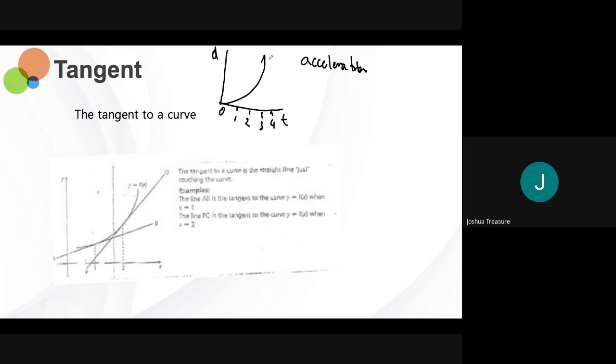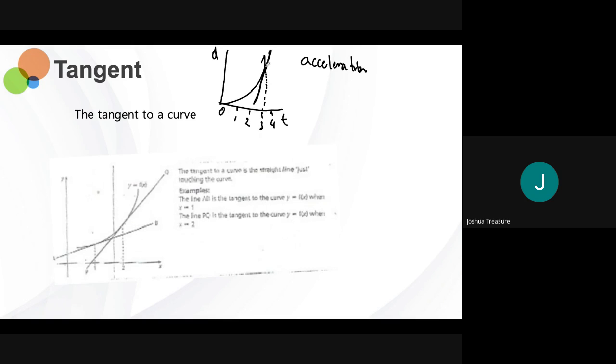If you wanted to find the instantaneous velocity at 3, you would bring it up to the line, and then draw a tangent at that point.